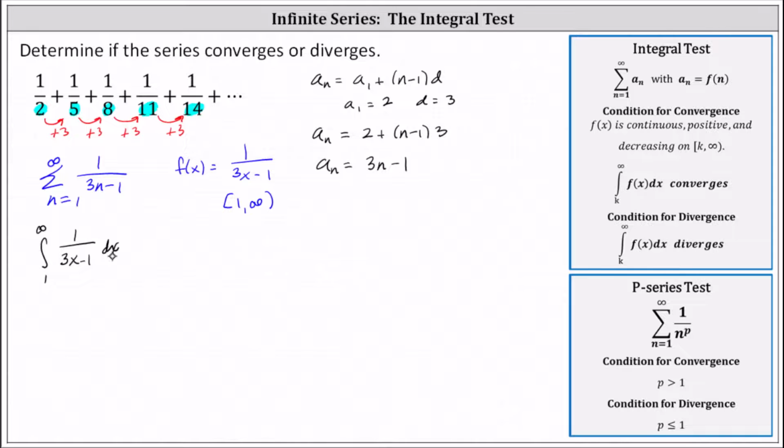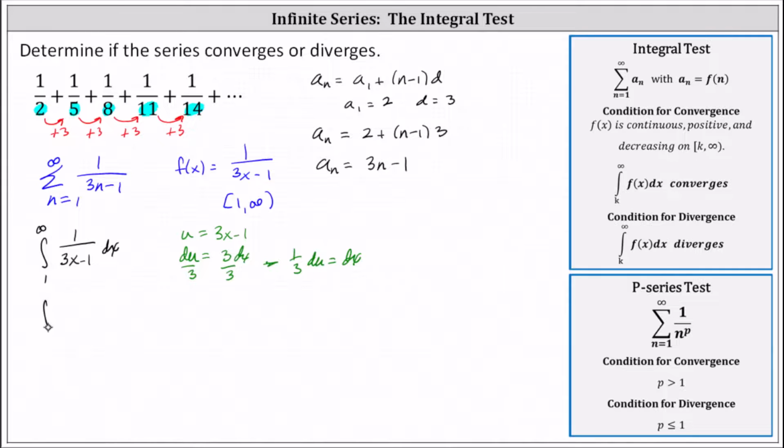Notice this requires substitution, where we have u equals the denominator of 3x minus 1, indicating du equals 3 dx. We don't have 3 dx, we have just dx, so let's divide both sides by 3. We have 1/3 du equals dx. Now let's write the integral with respect to u.